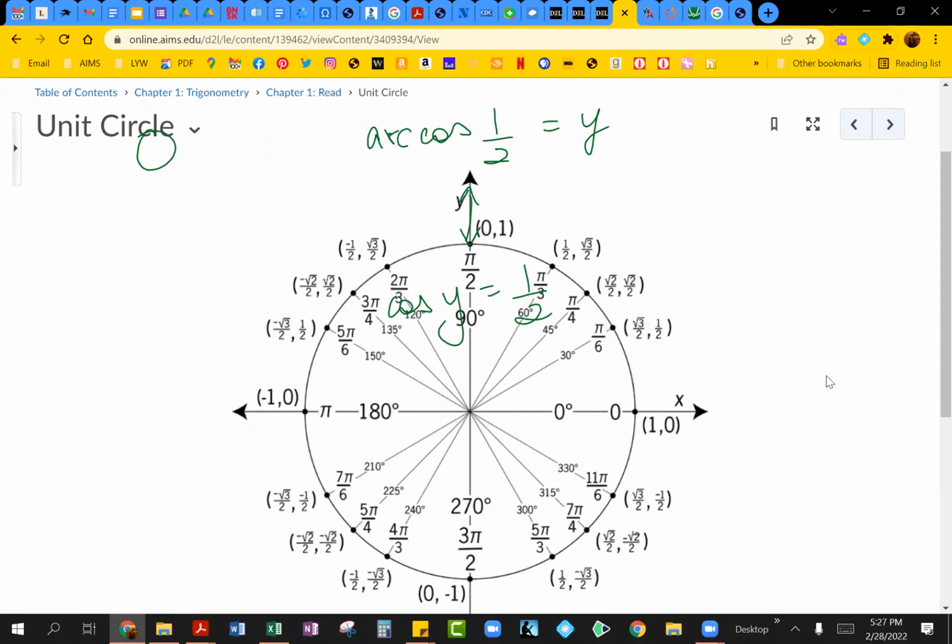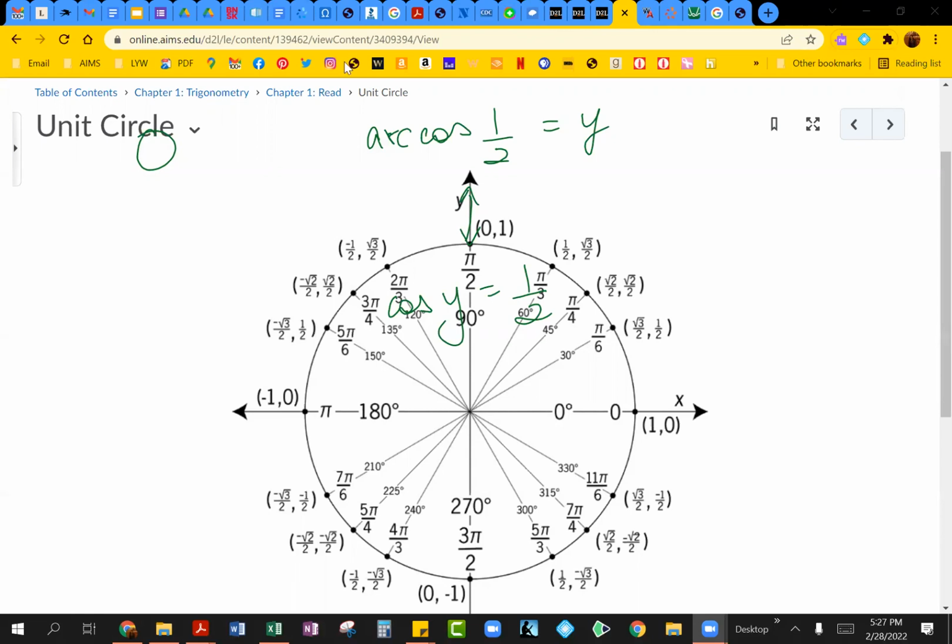So where is the cosine value? For which angle is the cosine value equal to 1/2? Savannah, yeah, very nice.